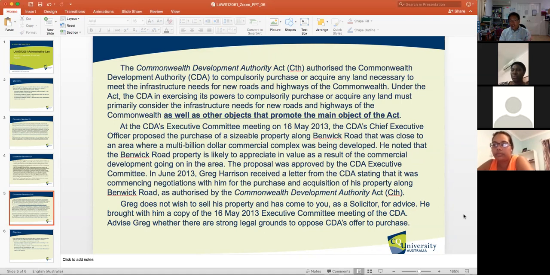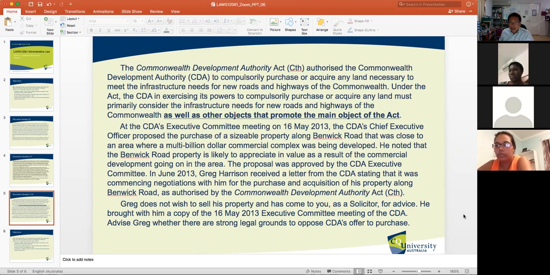So what you have is a legislation that seems to have multiple purposes. The main object being to consider the infrastructure needs for new roads, and secondary objects, which involve other objects that promote the main object of the Act, which is to consider the infrastructure needs for new roads and highways of the Commonwealth.